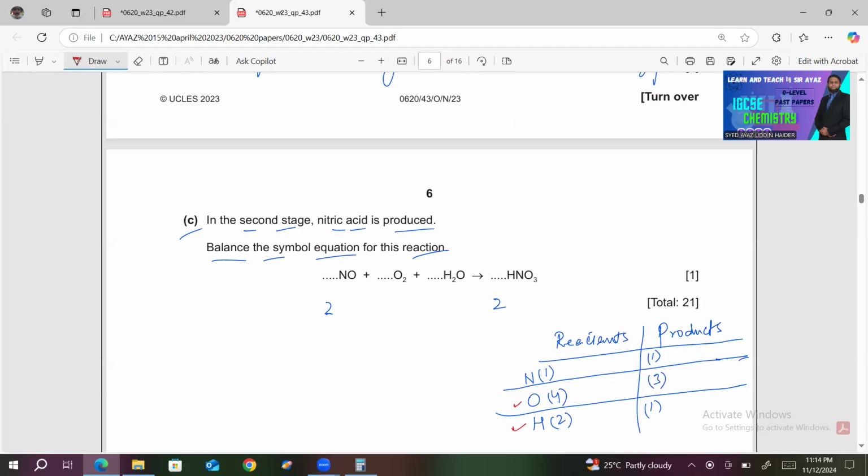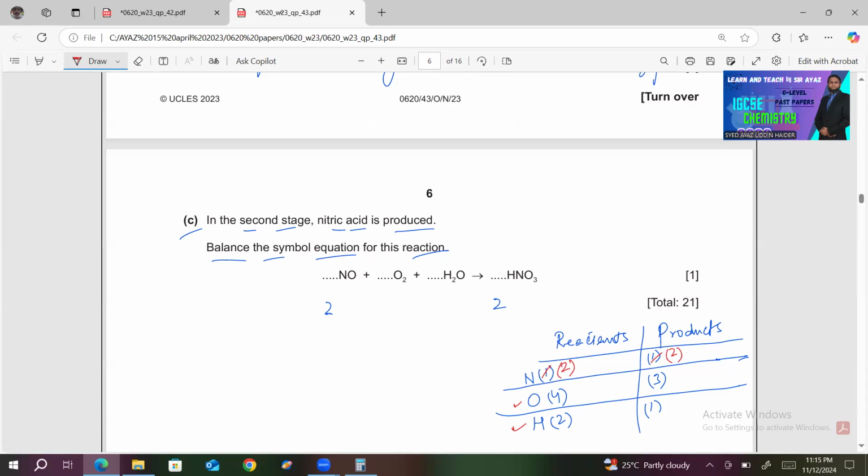So what if I place 2 on the right-hand side? If we place 2 before NO2 and 2 before HNO3, we'll have 2 moles of N. Oxygen on the reactant side becomes 2 plus 2 plus 1, 5.